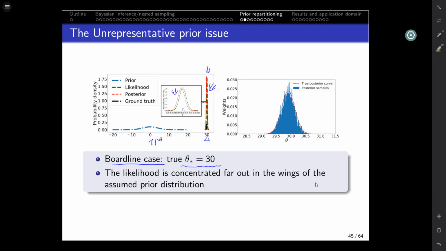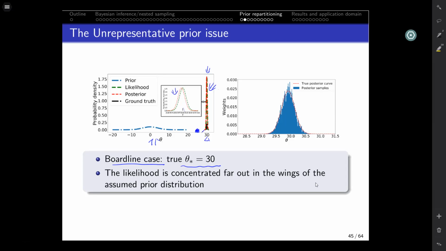very, very few points can be randomly drawn from this far wing region of the prior, we might still get some chance to find points close to the likelihood, close to the data.